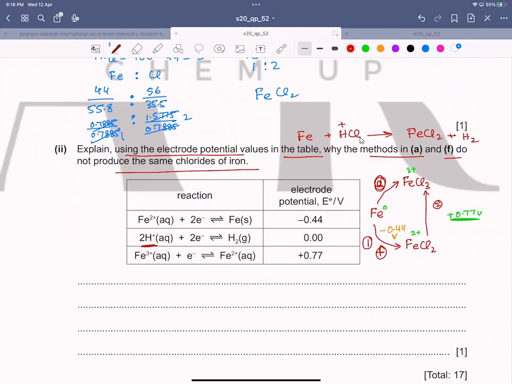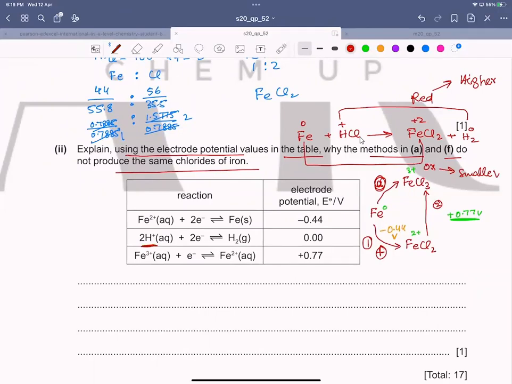Here hydrogen is +1 and here it is 0, here iron is 0 and here iron is +2. So hydrogen is reduced and iron is oxidized. The one which is oxidized has the smaller value and the one which is reduced has the higher value. Right?